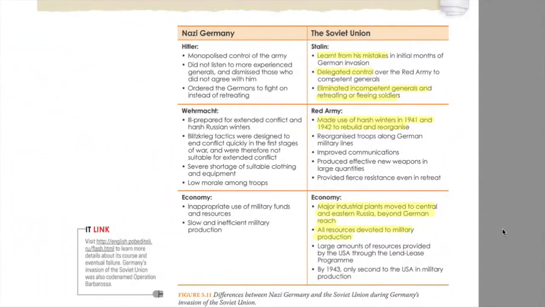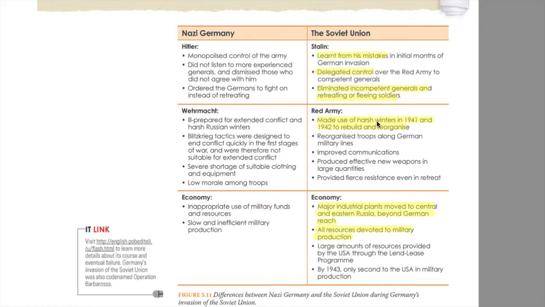So let's look at an overview here. Earlier on we talked about Germany's weaknesses, so I'm just going to concentrate on the Soviet Union's strategies. They learned from their mistakes, they gave control to experienced generals, and they got rid of the inexperienced and incompetent ones.